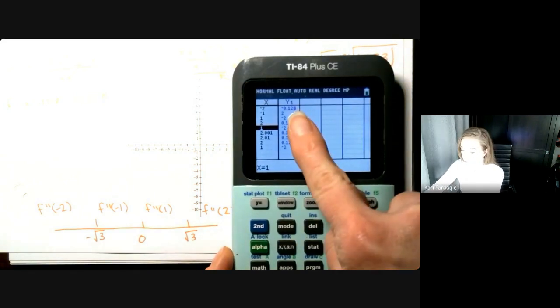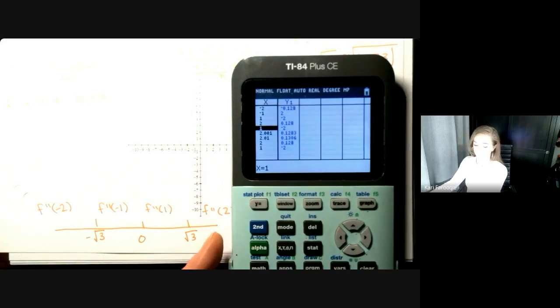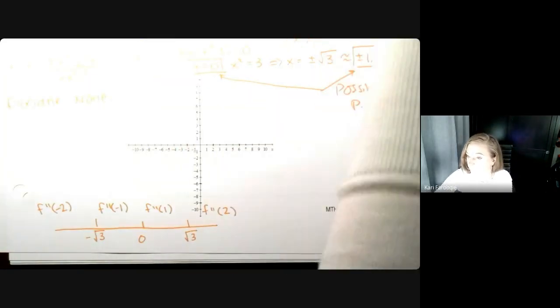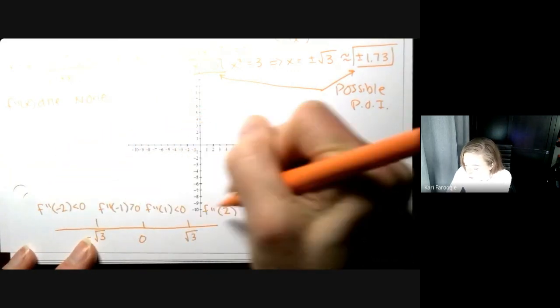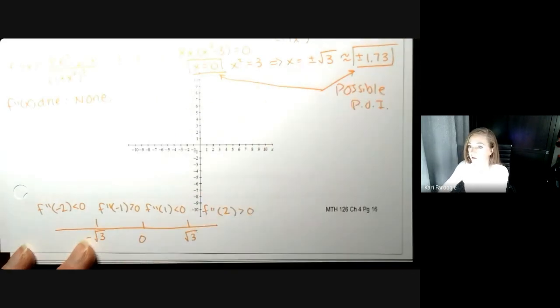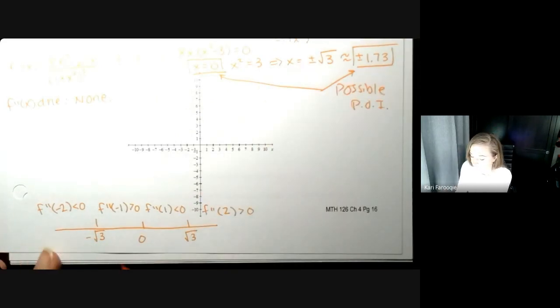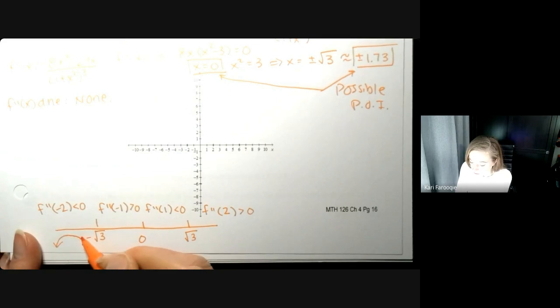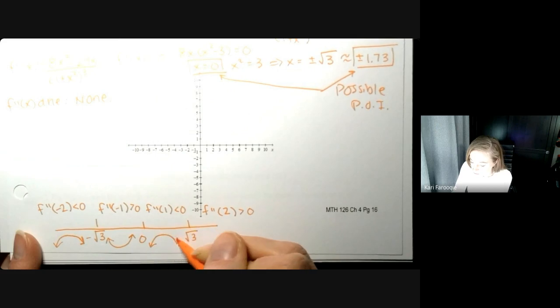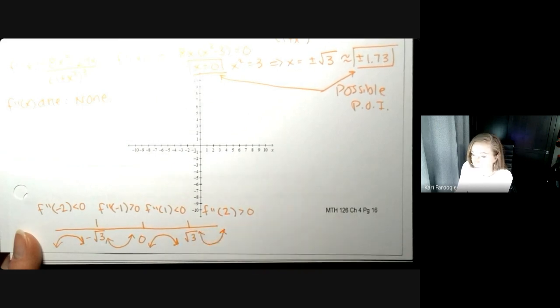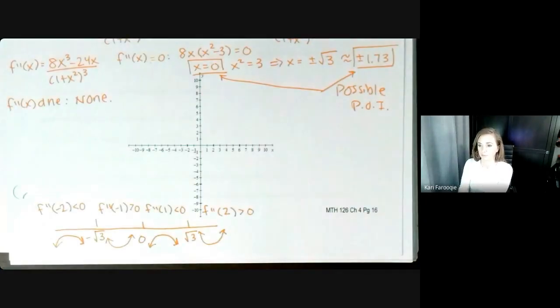We're going negative, positive, negative, positive. Now we can make some conclusions about concavity. Concave down, concave up, concave down, concave up.